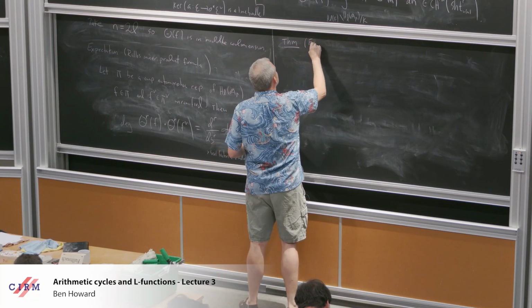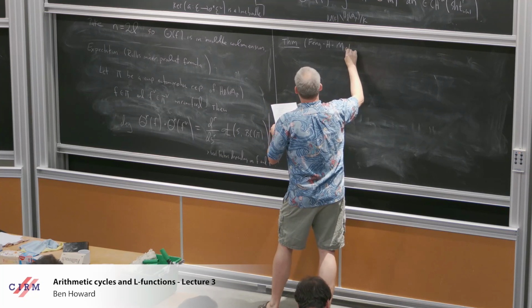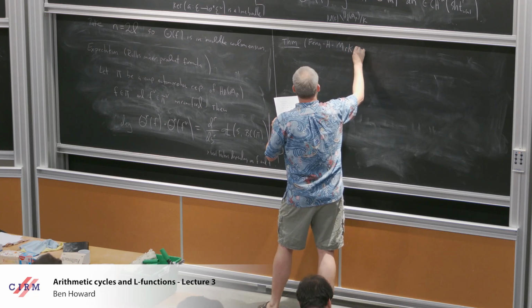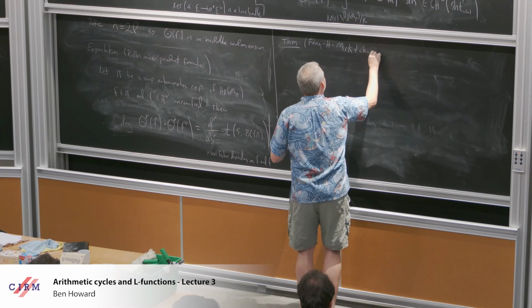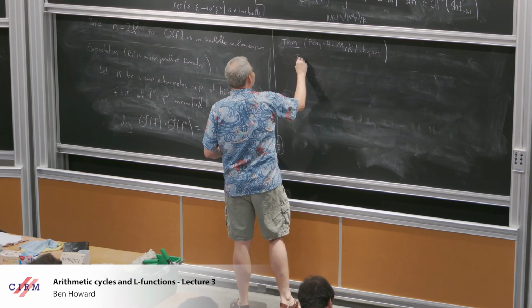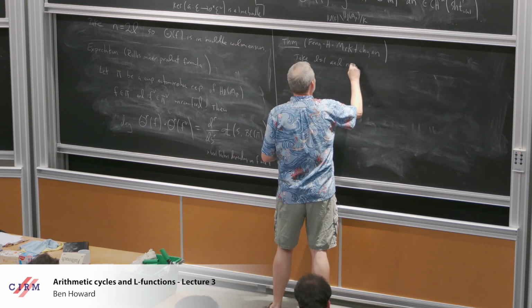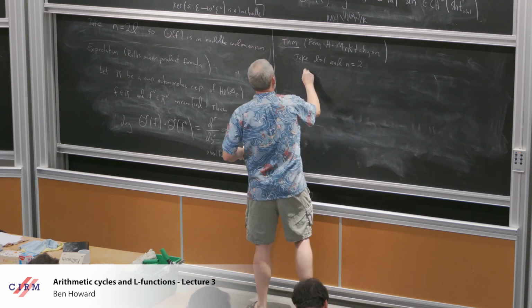So this is Feng, Harris, Howard, Yun, Zhang... Take d equals 1 and n equals 2. So what does this mean?